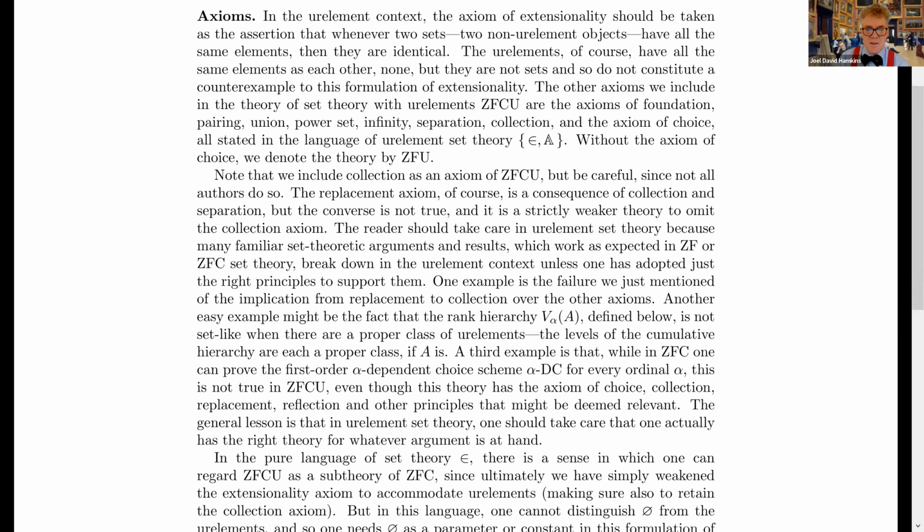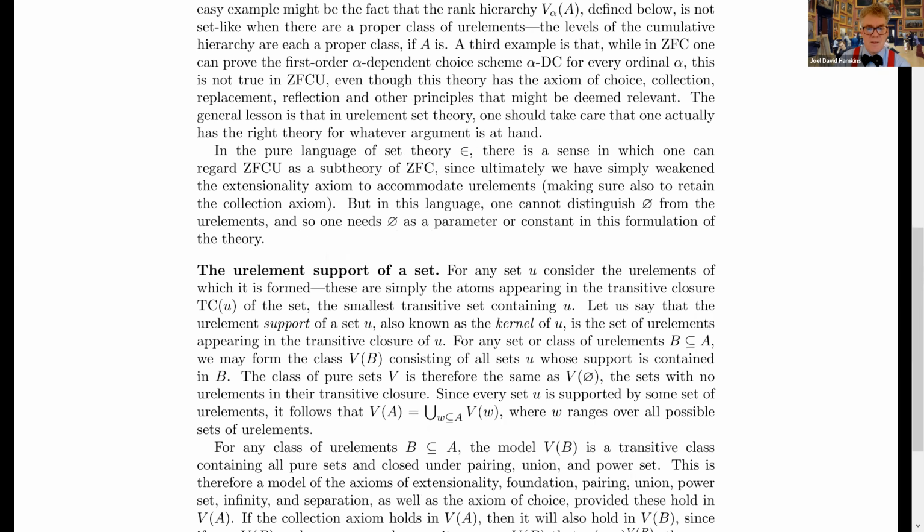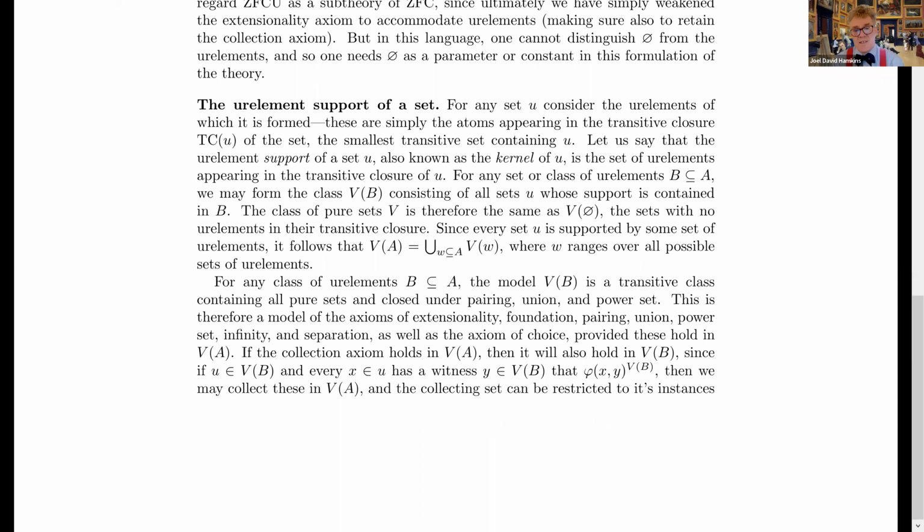Okay, so let's talk about the urelement support of a set. This is just the set of atoms that appear in the hereditary membership hierarchy of that set, or in other words, the set of atoms that appear in the transitive closure of this set. It's also called the kernel.